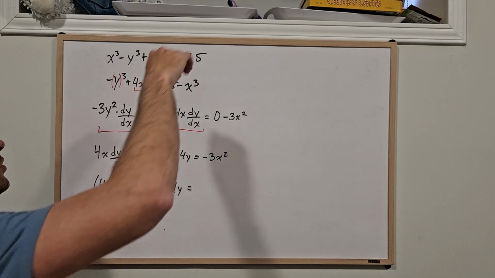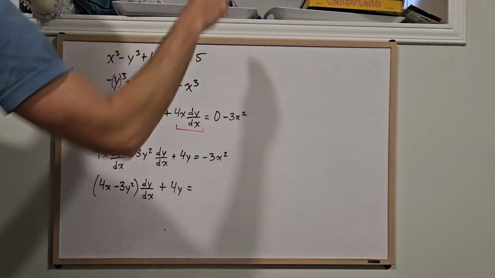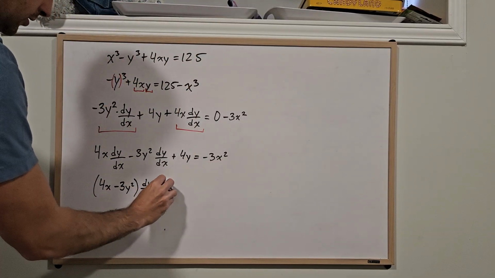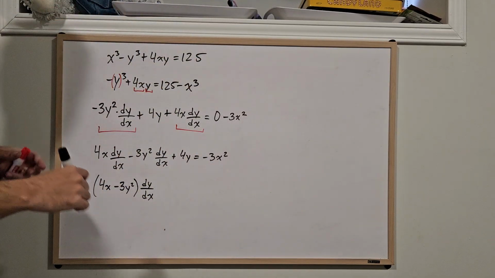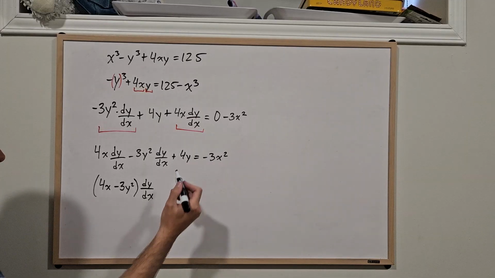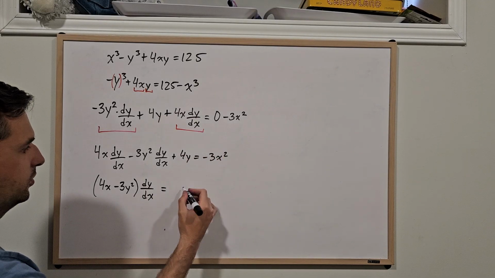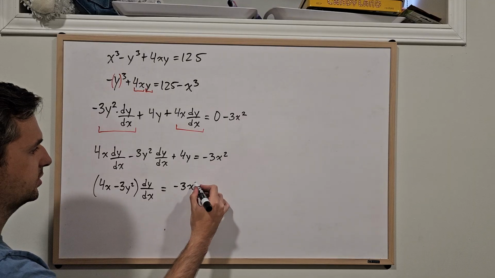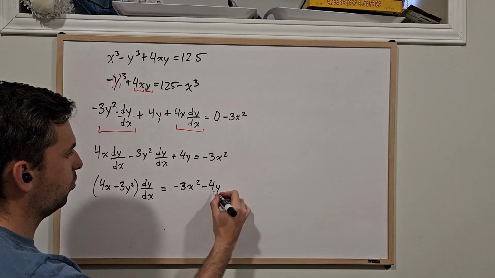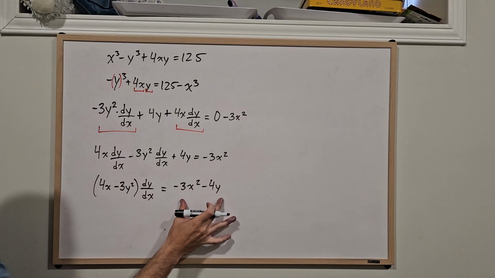Oh, excuse me. In my nightmare of first order differentials, I actually forgot to move this 4y over to the other side. So we're going to have negative 3x squared minus 4y on the right hand side.